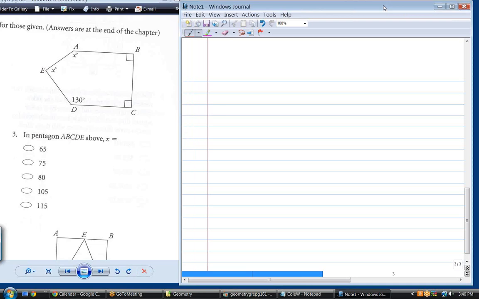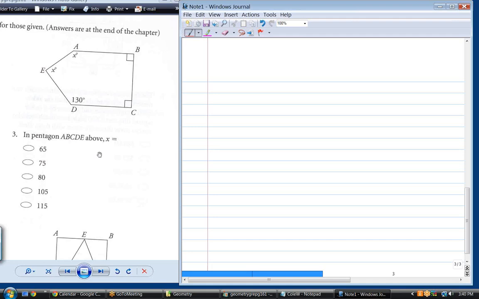In fact, a regular polygon means all sides are equal, all angles are equal. So you have a regular hexagon, which is 6 sides. This is just a polygon, a pentagon rather. Pentagon meaning 5 sides.